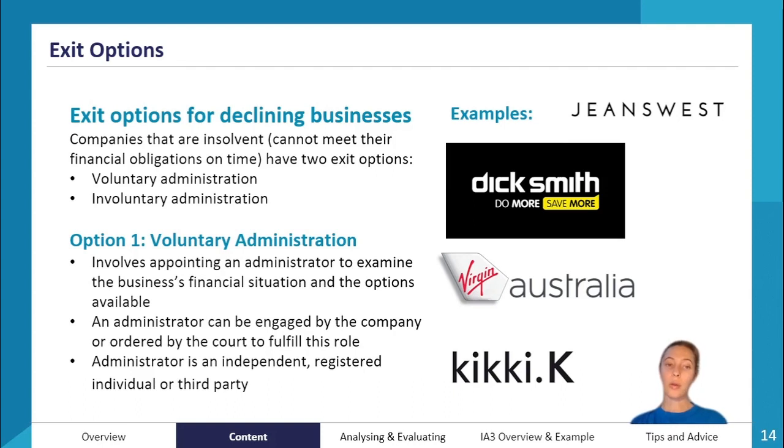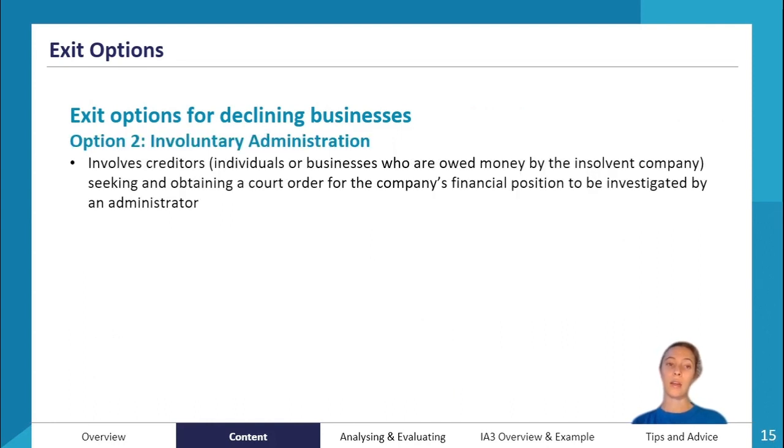And so let's have a look now at the comparison. This is about voluntarily appointing that administrator, and in comparison, involuntary administration, just as it sounds, is going to involve creditors, those people who the business owes the money to.